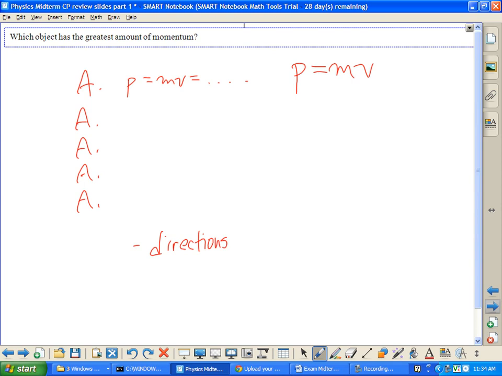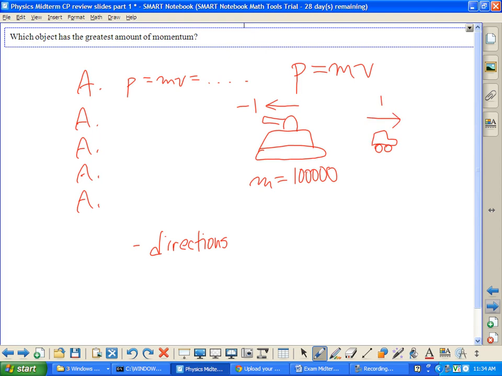What if one of the questions is a tank going in the negative direction at 1, mass equals enormous, or a matchbox car going this way at 1. Will that have the same momentum? Which is the greater momentum?